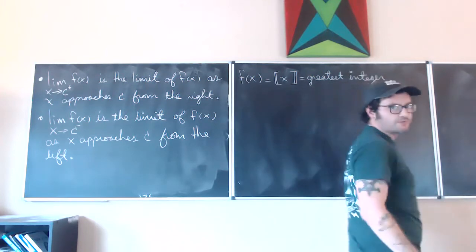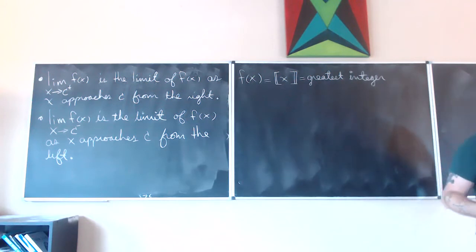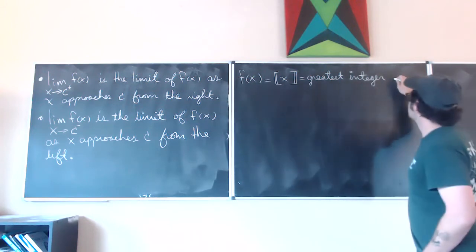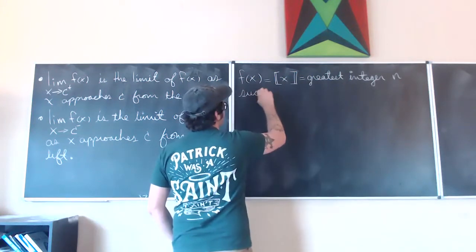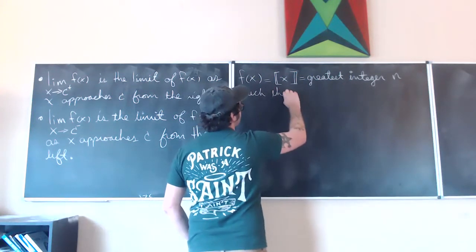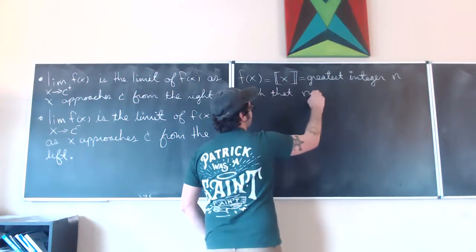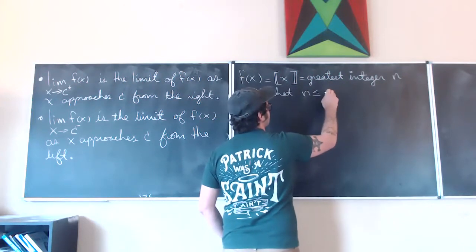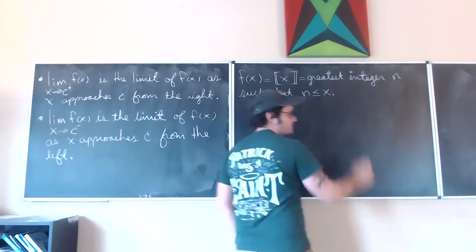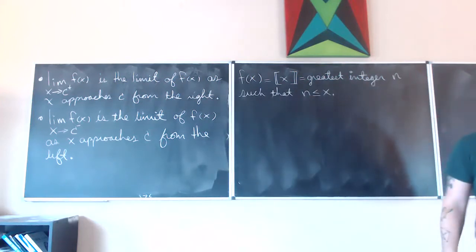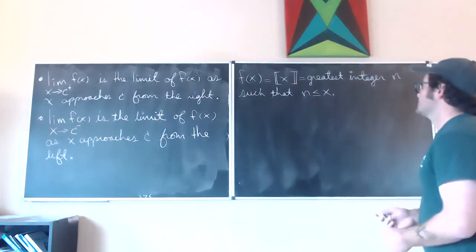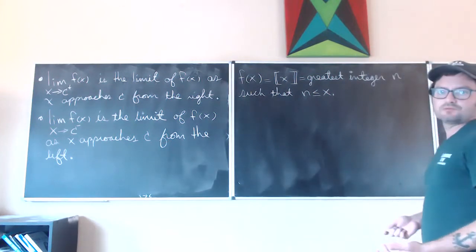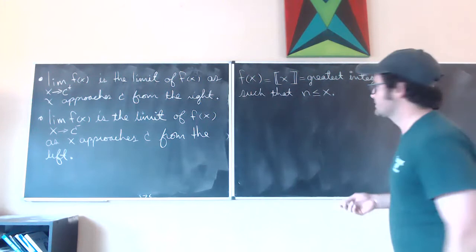So integer is a positive or negative whole number. So this is the greatest integer n such that n is less than or equal to x. Okay, it's a special type of function. So let's go ahead and see what the graph of this function looks like.